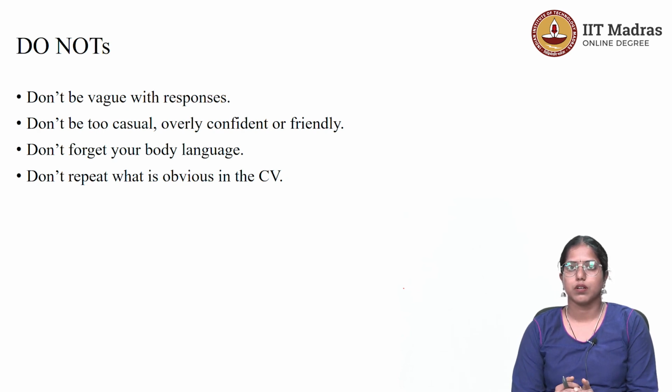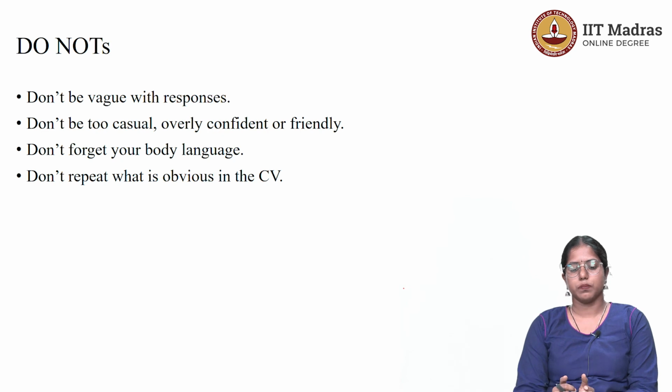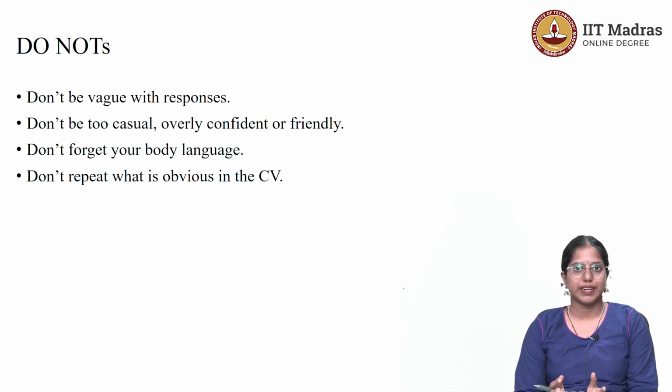Talk about certain tangible tasks that you have done. So that's how you don't repeat what is quite obvious in the CV, and you talk about your achievements, and therefore create a great impression on the interviewer.